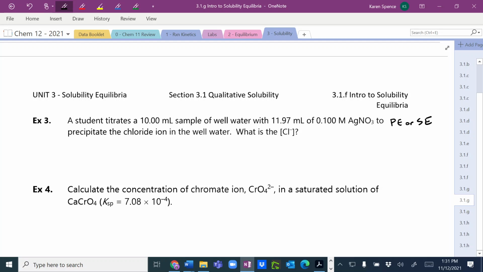All right, let's talk about this one a little bit. Are we interested in the equilibrium that forms after we've had a precipitate forming? Or are we interested in the process of forming the precipitate? The process of forming the precipitate, because we want to know how the Ag reacts with the Cl, which means that my Ag and my Cl are going to be my reactants, right?